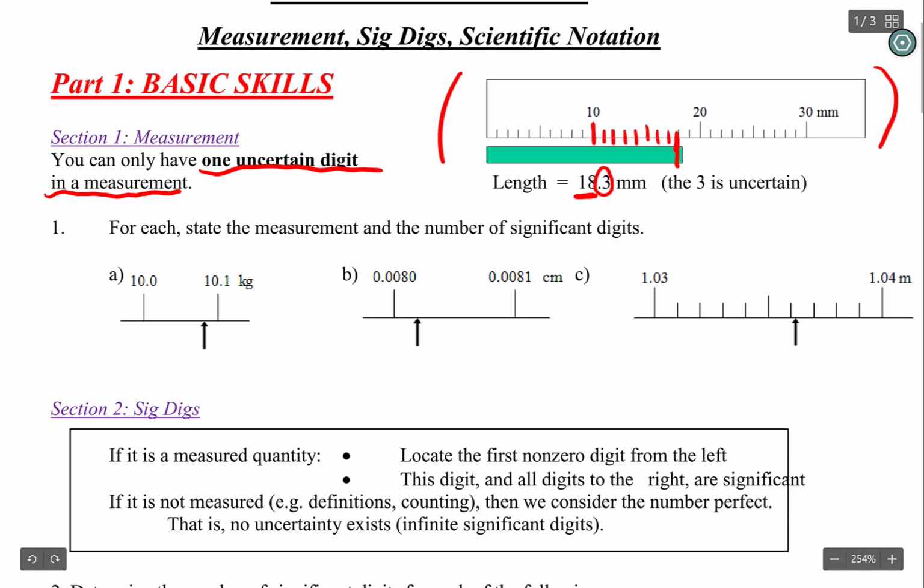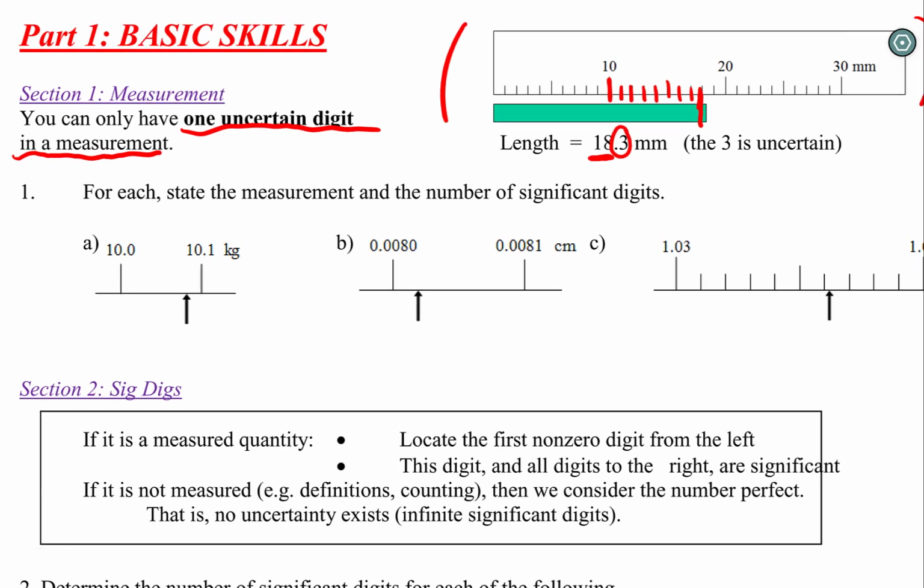So for instance, if I was looking at this measurement, which is in kilograms, I know for sure that this is 10 point something, but it's definitely not 10.1. So now I know this is 10.0, and then there's a number here. This is probably plus or minus one value.